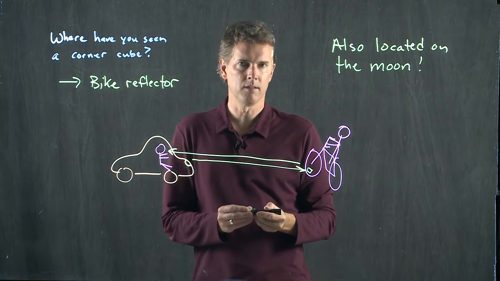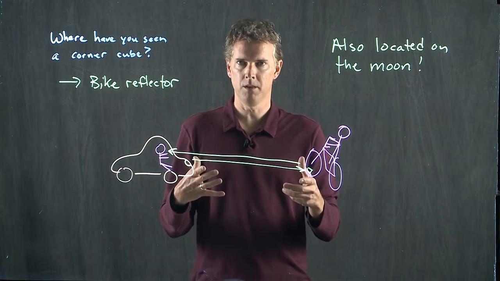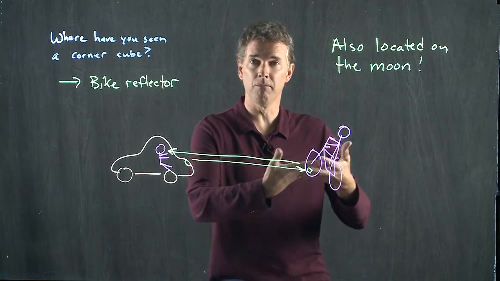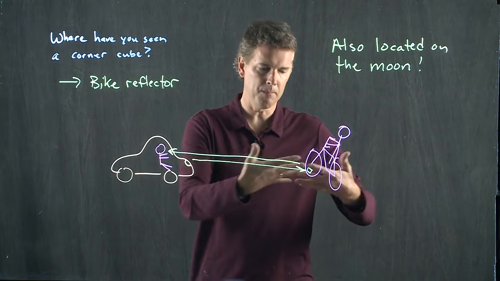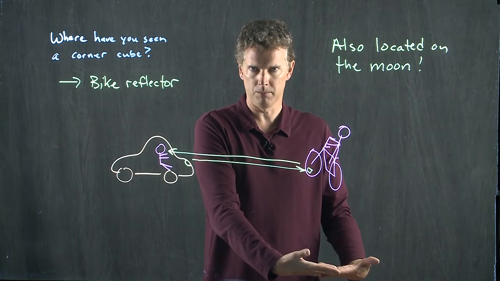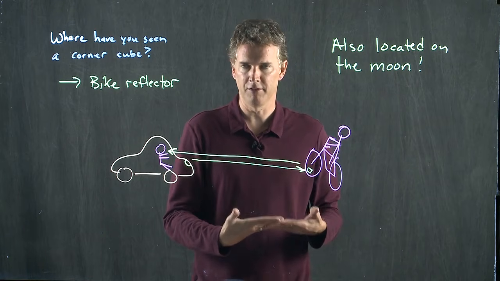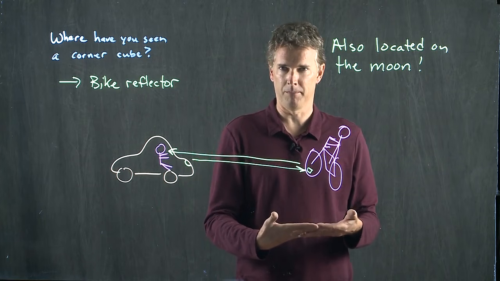Way back in the early 70s, the Apollo astronauts went up to the moon, and they brought a whole bunch of mirrors with them. They brought a whole bunch of corner cube reflectors, and they put them on the surface of the moon. And the idea was, we're going to use these someday for something important. And guess what? We are using them today for something important.